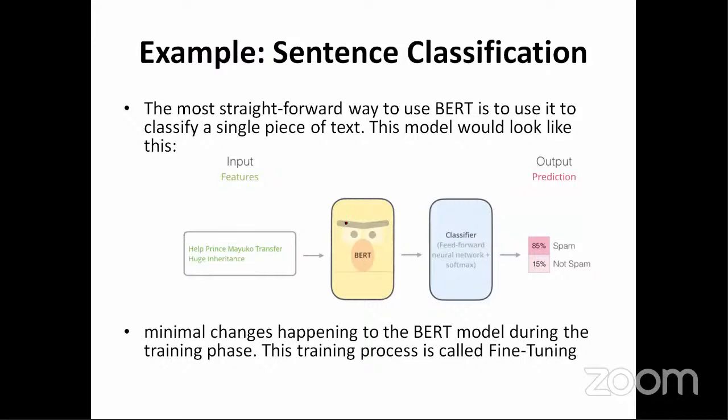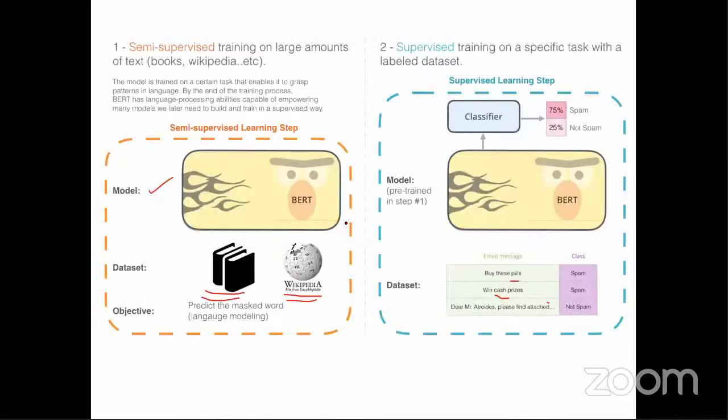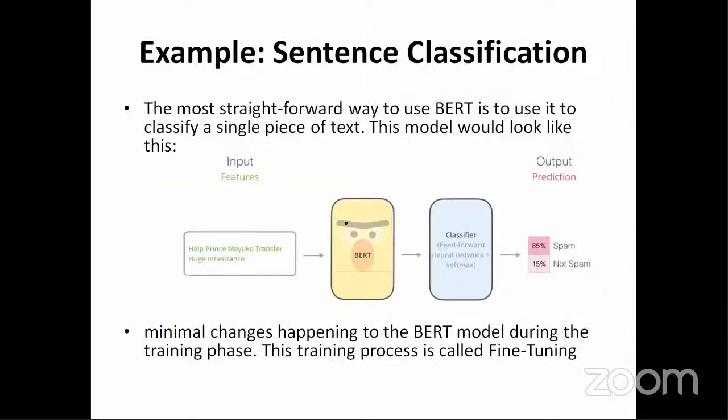Fine. Now we have seen how BERT is used in a semi-supervised as well as supervised structure, and we'll see sentence classification with BERT. Here also the supervised learning step is sentence classification. Suppose you have a sentence and you give it to BERT, and BERT passes it to the classifier. The classifier says whether it's spam or not spam.